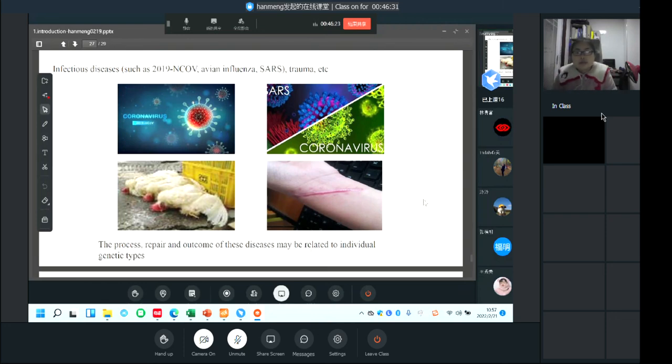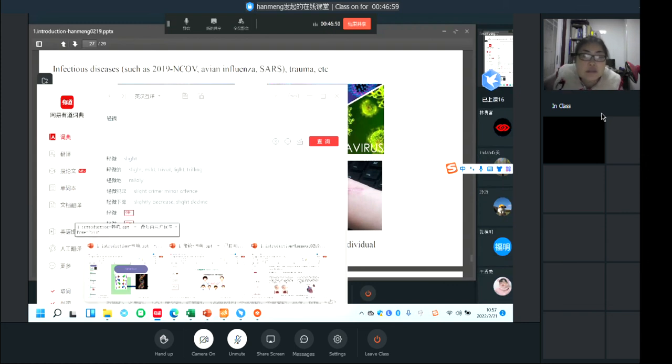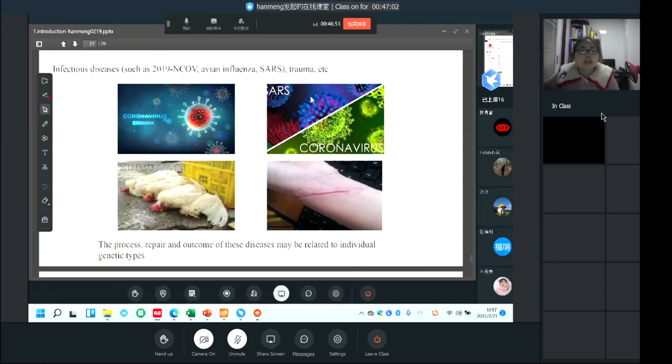For example, if you have a good body or your immune system is very good, so maybe you have a lighter phenotype, according to the 2019 coronavirus.